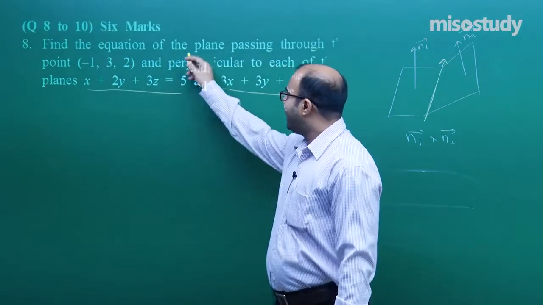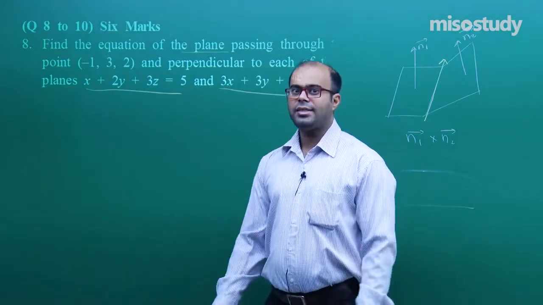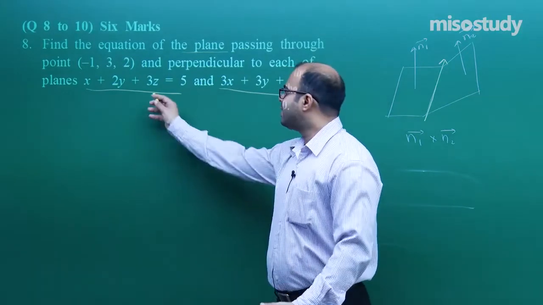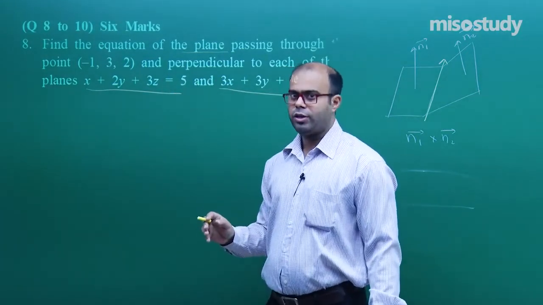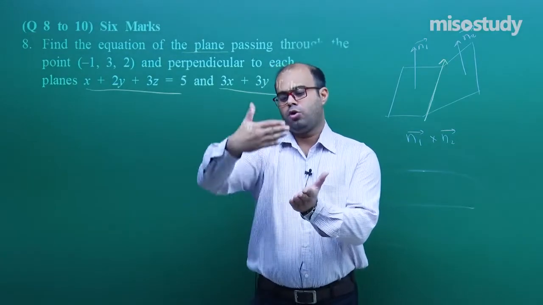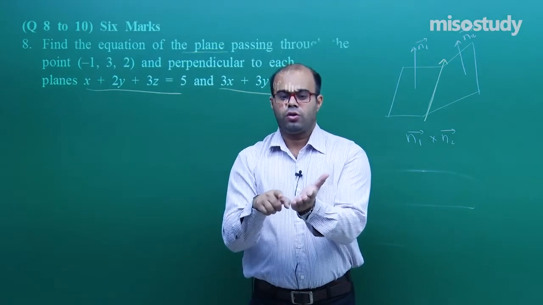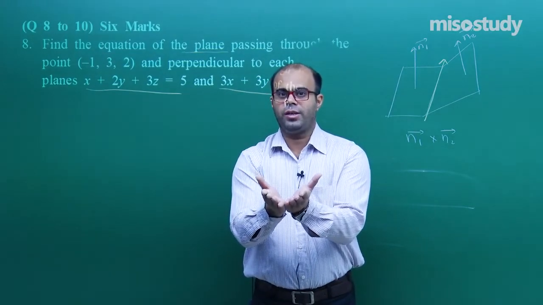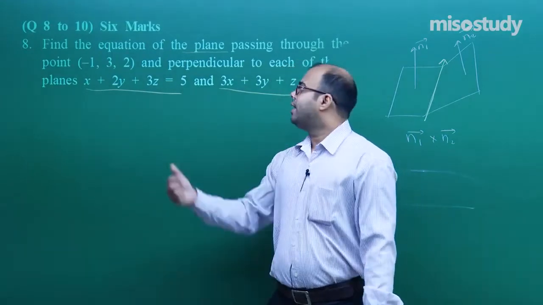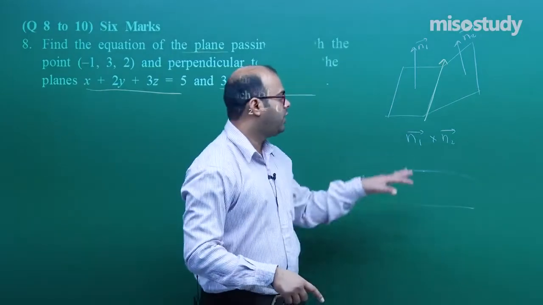So if this plane is perpendicular to both planes, it is actually perpendicular to the line which is the intersection of these two planes. That means the required plane will have a normal along this line.